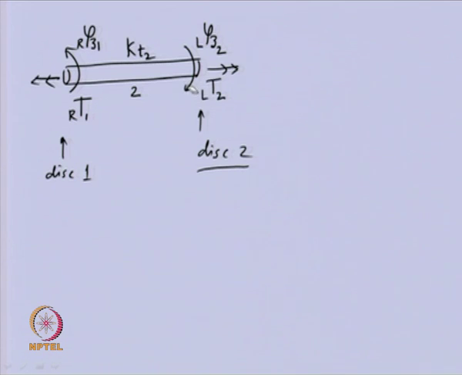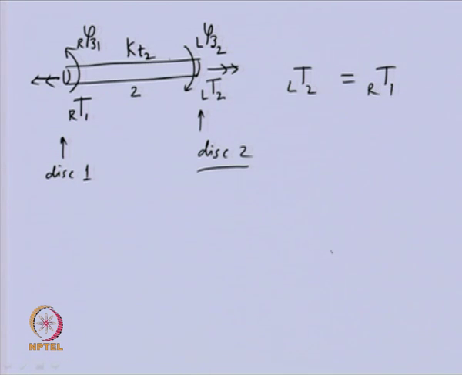From the free body diagram, we can relate the torques: torque left of 2 is equal to torque right of 1, because there is no other torque acting on the shaft. So, these two torques should be equal in magnitude.